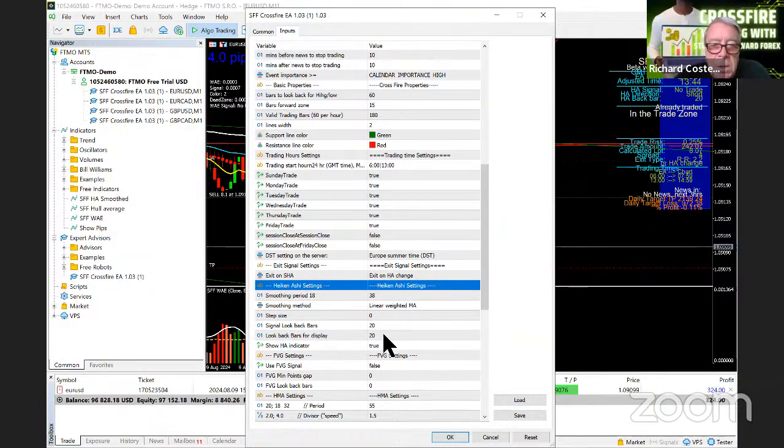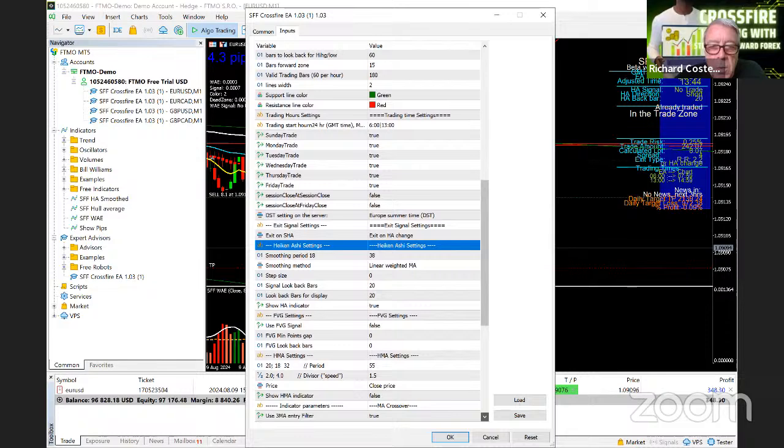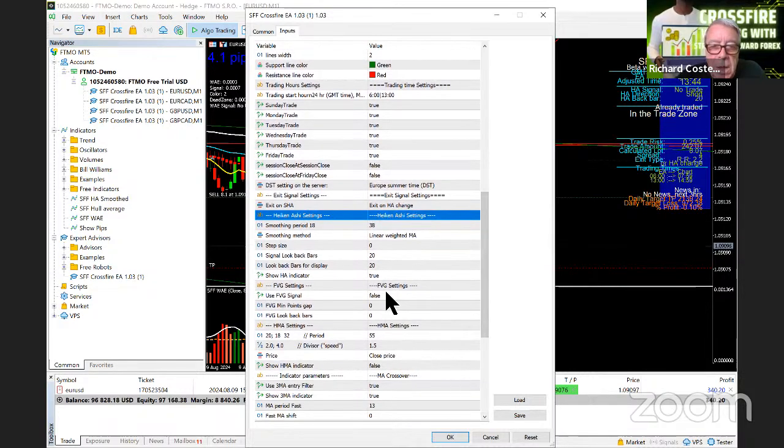I have changed the look back. I can't remember what they were, but I've changed mine to 20 because it was keeping me out of some trades. I'll explain that in a second. I've also got a change here, FVG fair value gap.